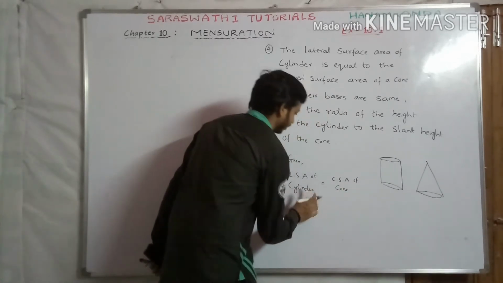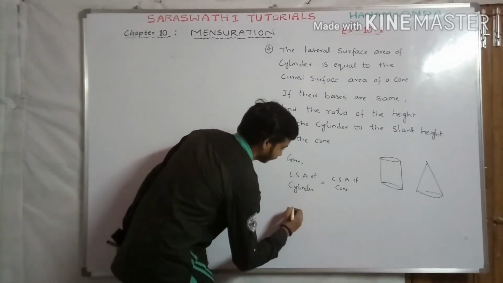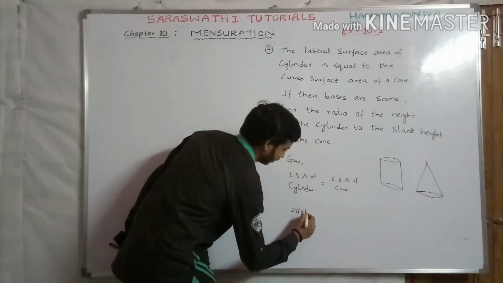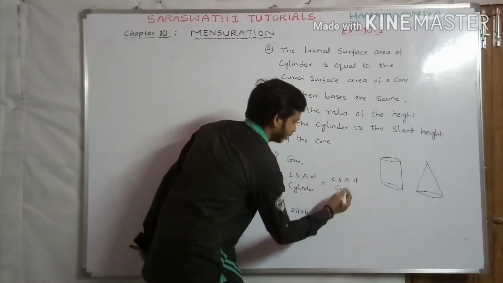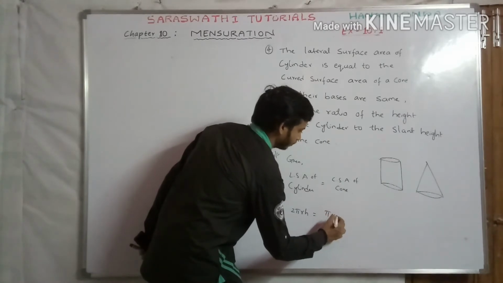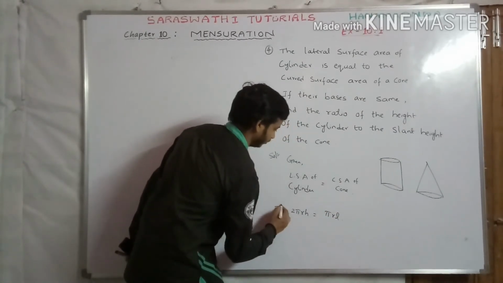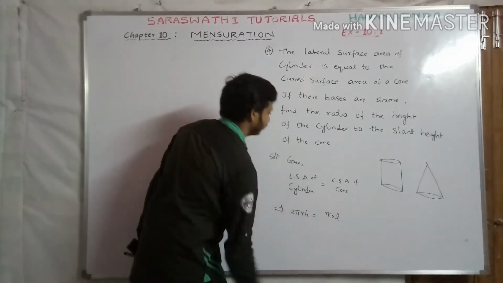We know that the lateral surface area of a cylinder is 2 pi r h, equal to the curved surface area of the cone, that means pi r l. So it implies 2 pi r h equal to pi r l.